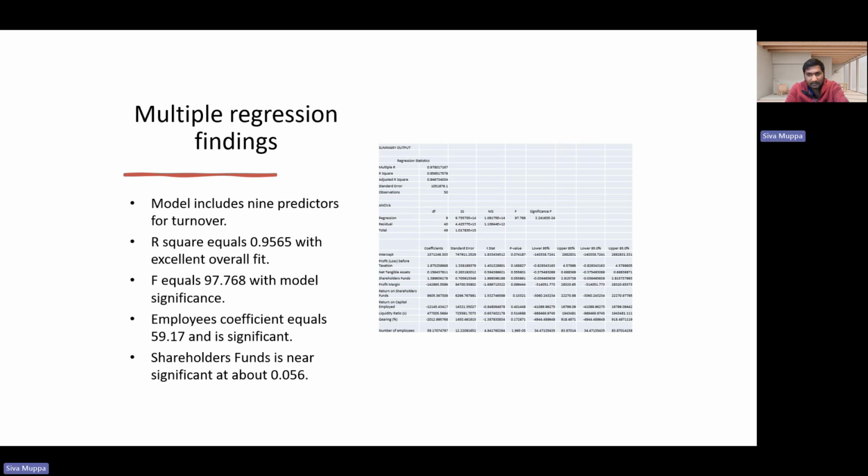The strongest driver, with a coefficient of approximately 59.17 and a very low p-value, is the number of employees. Shareholders' funds comes close to traditional significance, and the rest of the variables are not significant at 5%, indicating that there are few independent effects.